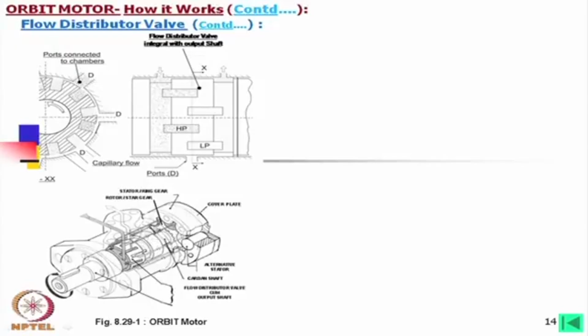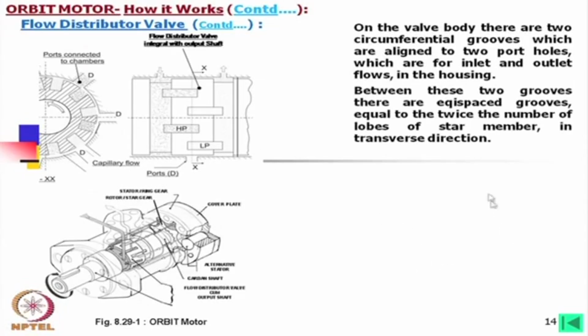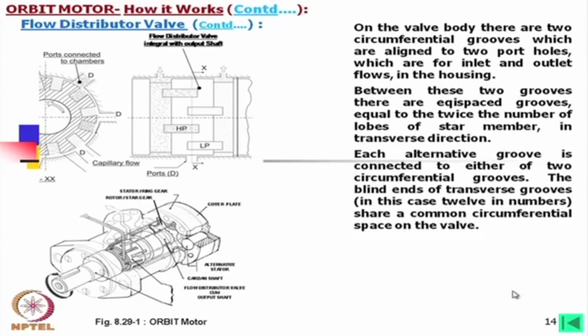See, these long slots through the body are these grooves. I will also show the assembly of this machine where you will be able to understand. On the valve body there are two circumferential grooves which are aligned to two port holes, which I have already described. If you read it, you will understand how it is working.